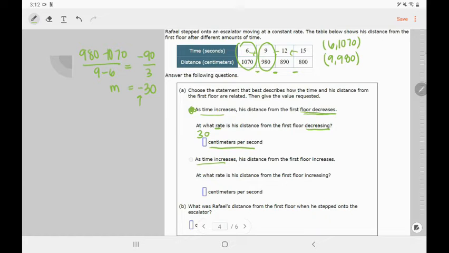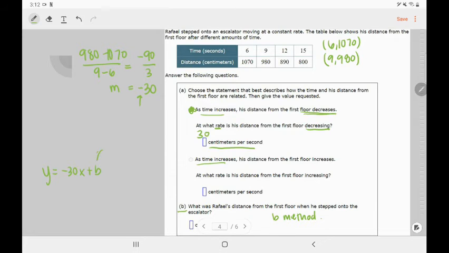All right, next question, B. What was Raphael's distance from the first floor when he stepped onto the escalator? Now there's many ways to reason through this. But I'm going to show you the most commonly used method, and it is my B method. Okay, I know that if I had an equation, it would be y equals negative 30x plus b.